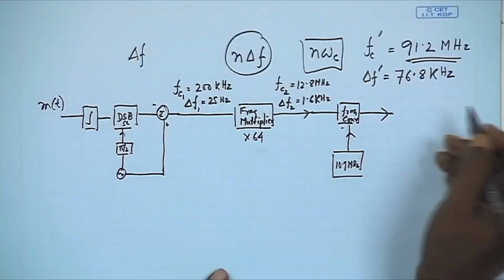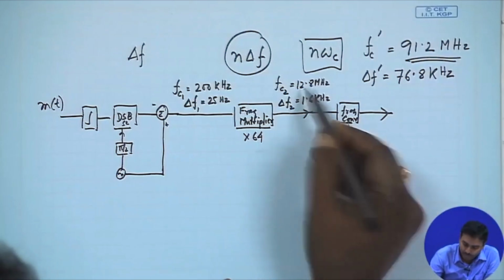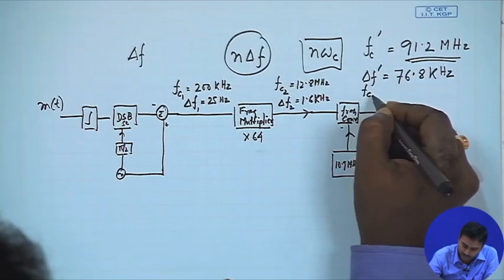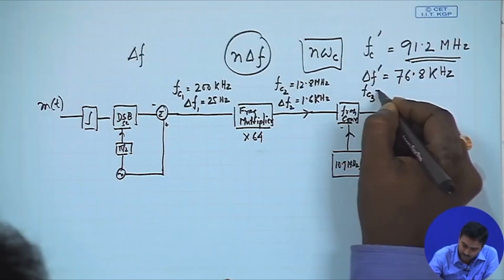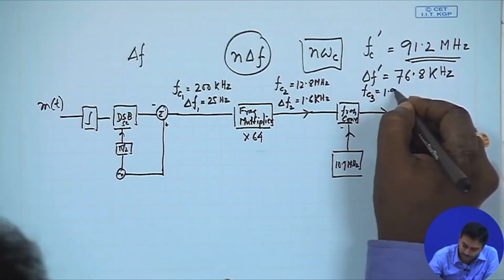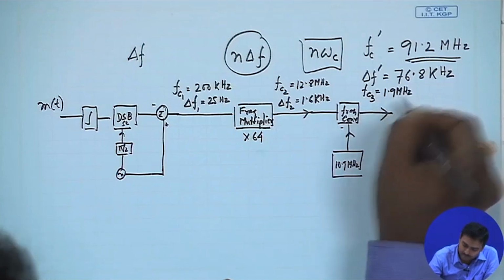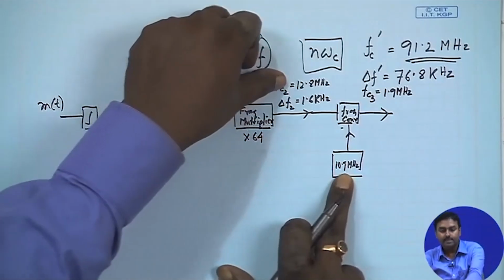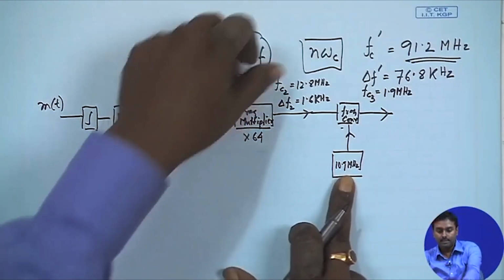So, what will happen? This is 12.8 minus this, my FC3 should be 1.9 megahertz. As I have told, this might create both the frequencies, this plus this and this minus this. Here I am interested in this minus this. So, I will be putting accordingly a band pass filter which will just take out my FM signal.